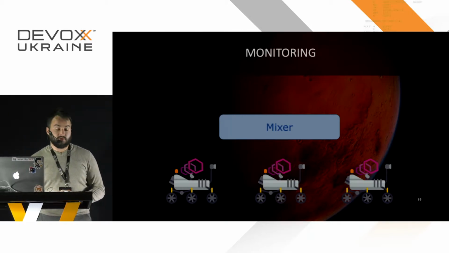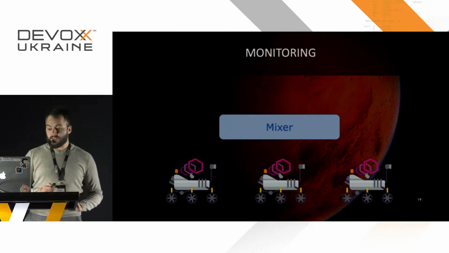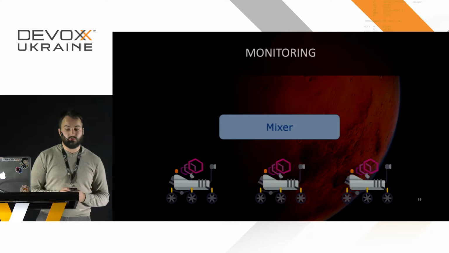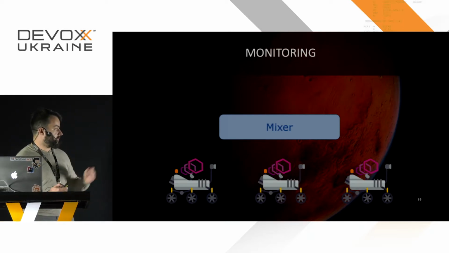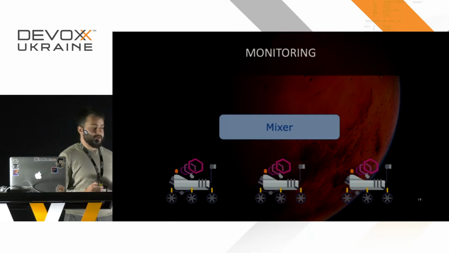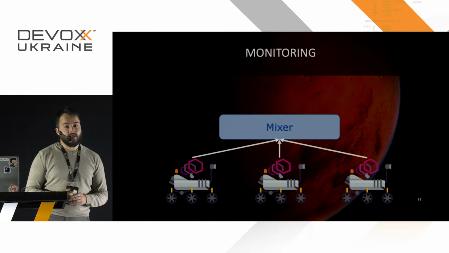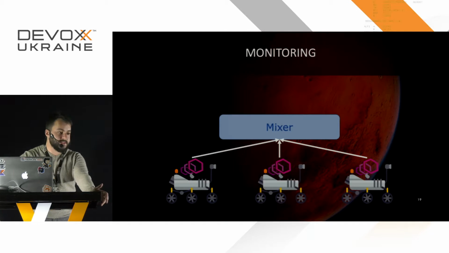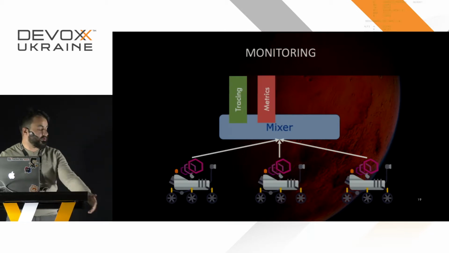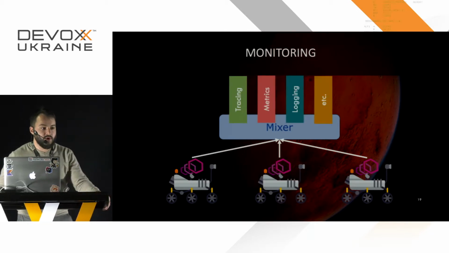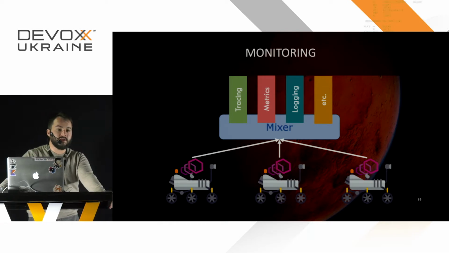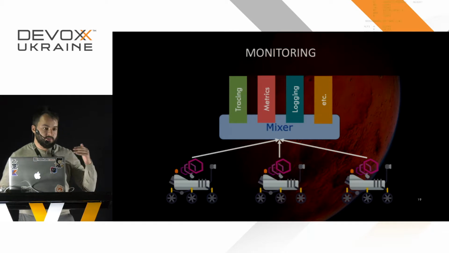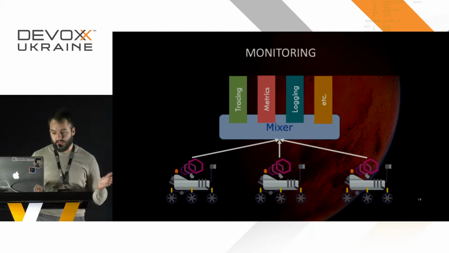And whichever tool you choose, Istio can help you with sending the telemetry to these tools by using the component called Istio Mixer. All of the sidecar proxies will send a lot of data to the mixer. And by using the adapter mechanism, you can send whatever tracing, metrics, logging, whatever data you need, to the needed adapter. So it could be Grafana, it could be Prometheus, whatever.